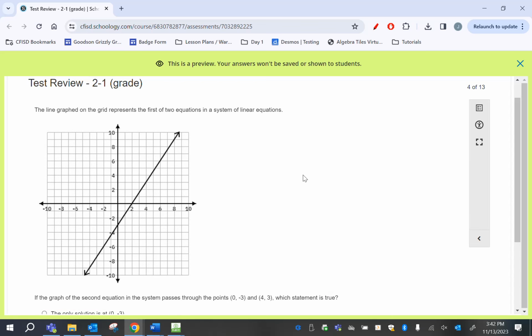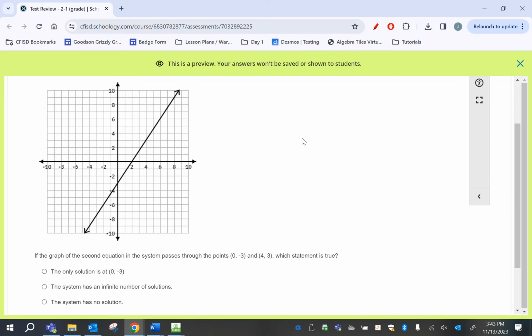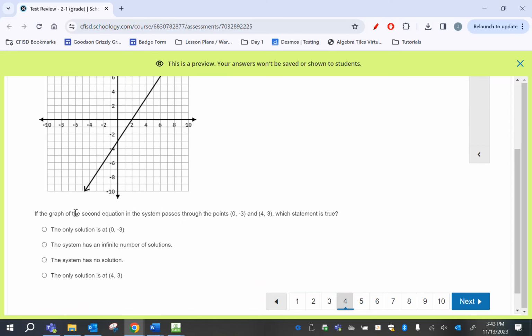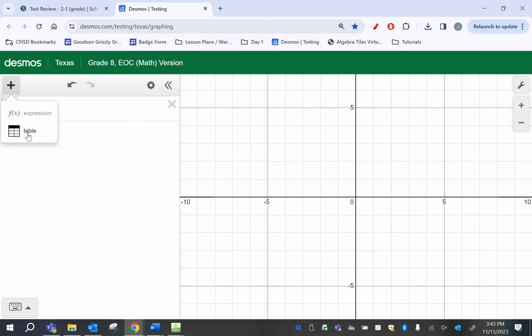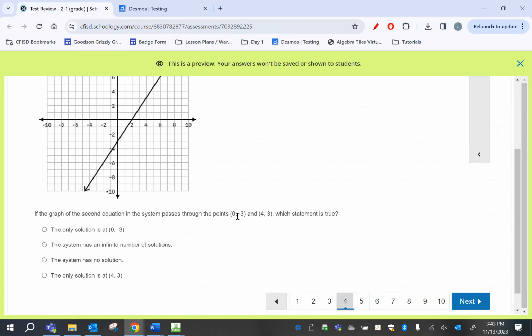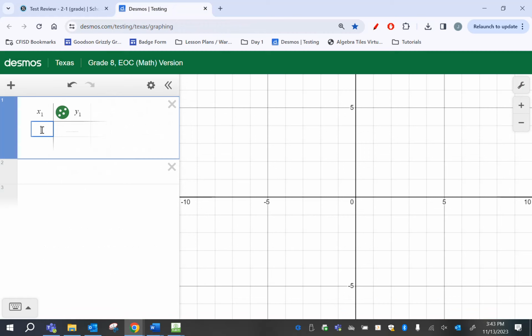This one, they give you one line on the grid that represents the first of two equations in a system of linear equations. The graph of the second equation of the system passes through these points. So what you're going to need to do is open up Desmos and put those points in a table, 0, -3, and 4, 3.